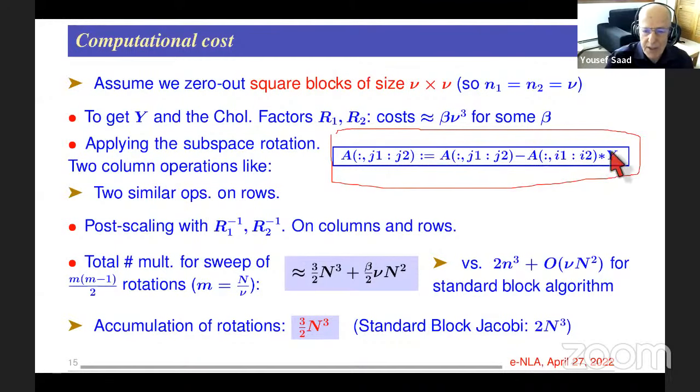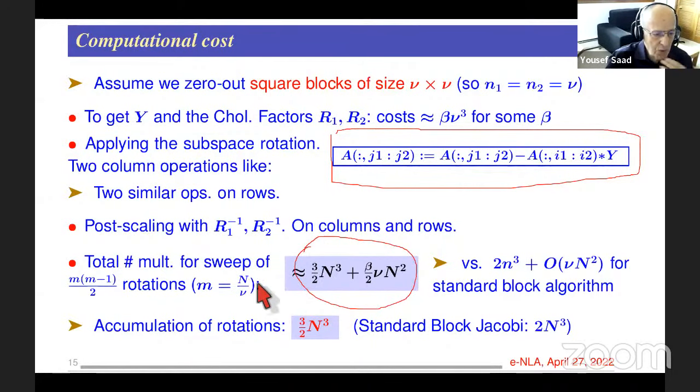So the Y here is a small, let's say, nu by nu matrix. It can be square, but doesn't have to be square. And so this could be extremely fast if you do this on GPUs. And you have also similar things on the right on the rows. So that's the cost of the algorithm of one step.